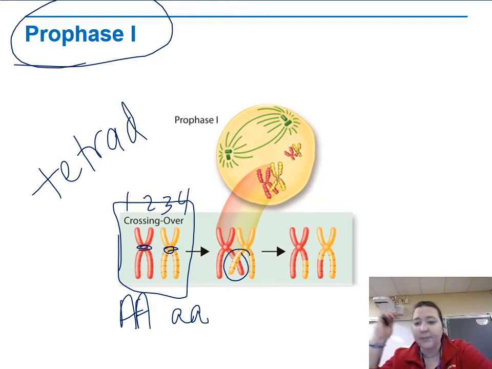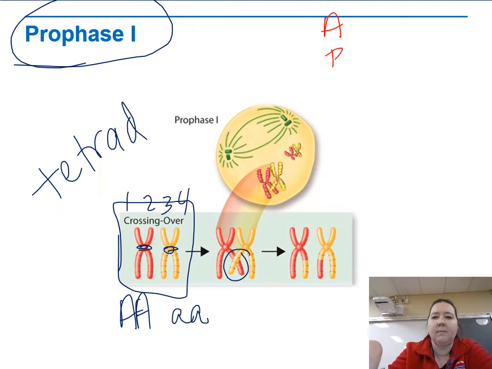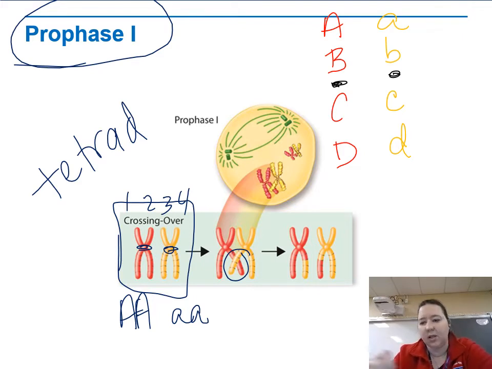It's pretty cool. If we were to look at the red chromosomes, we could say A, B, C, D, the centromere. The yellow chromosomes we could say is a, b, c, d. All uppercase, all lowercase.